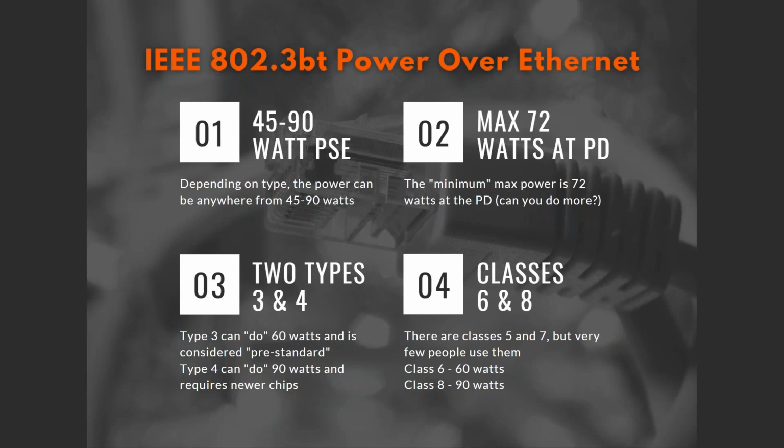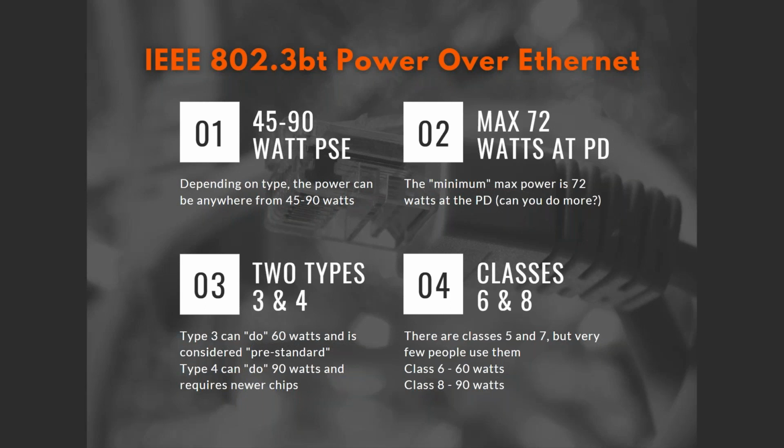You can get 90 to 100 watts of power from a Type 3 device, but you need to make sure your PD and your PSE both negotiate Type 3 PoE and just draw more power than the standard shows. Some PDs and some PSEs are Type 4 only. So, for example, a Type 3 injector won't negotiate full power with a Type 4 only PD, even though the rating on it says it can provide that much power.